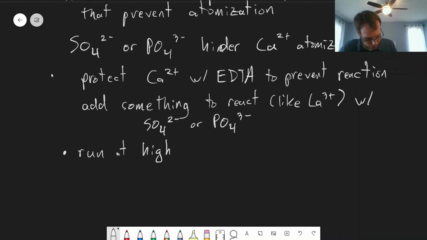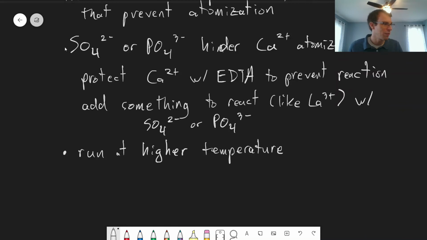If you put more energy in, even when these chemical interferences happen, they'll still break apart and turn into atoms. So you can change your fuel and oxidant mix for a flame, or use an ICP instead of a flame to get higher temperatures. And that will promote atomization and reduce this interference.